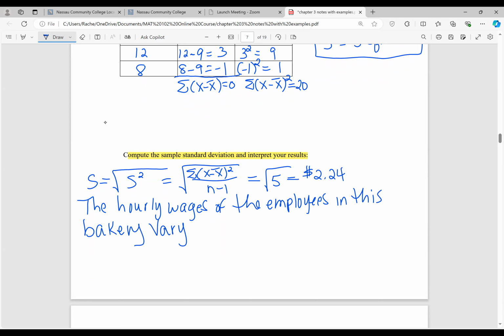But the key is on average. This is an average deviation or variation from the mean. So the hourly wages of the employees in this bakery vary on average about $2.24. But what is it varying from? Well, from the mean of $9 an hour.